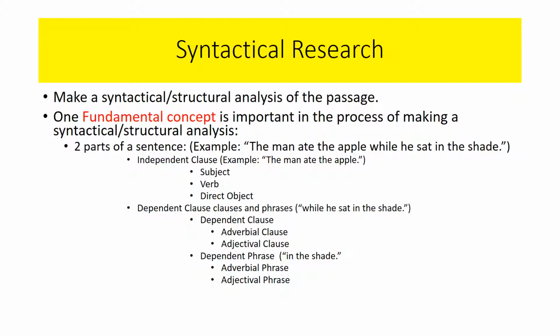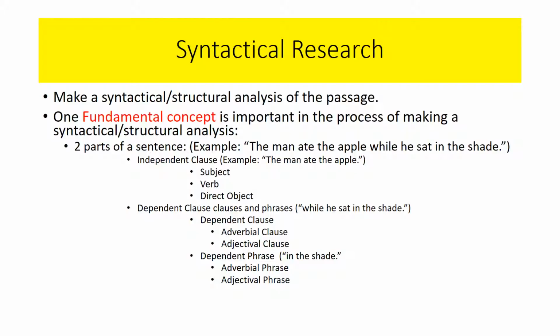The dependent clause is called a clause because it has a subject and verb in it. Therefore, when we say while he sat, he is the subject and sat's the verb, but it's inside a clause, while he sat. And that clause is subordinating, modifying when the man ate the apple, while he sat. But the part of that sentence that says in the shade is a phrase.